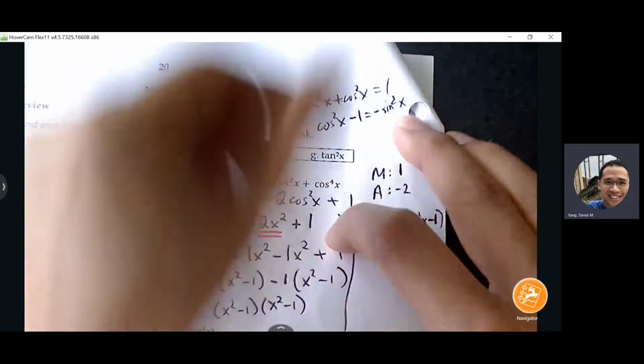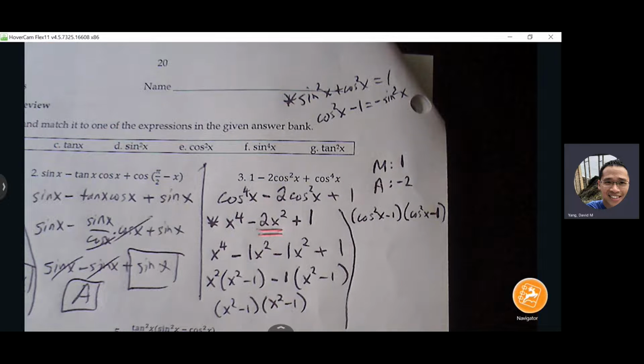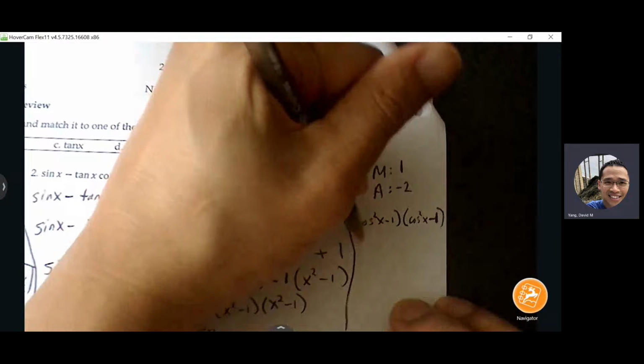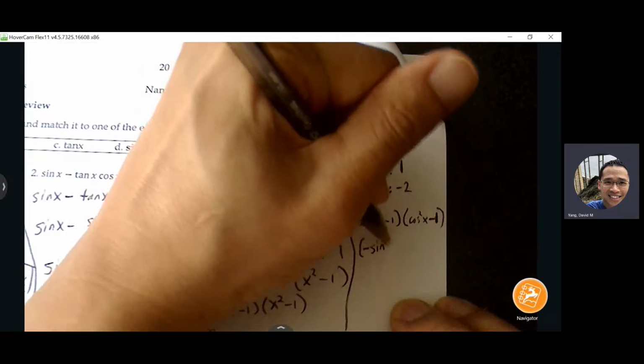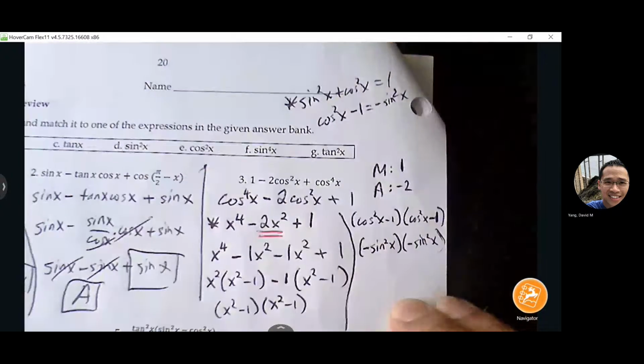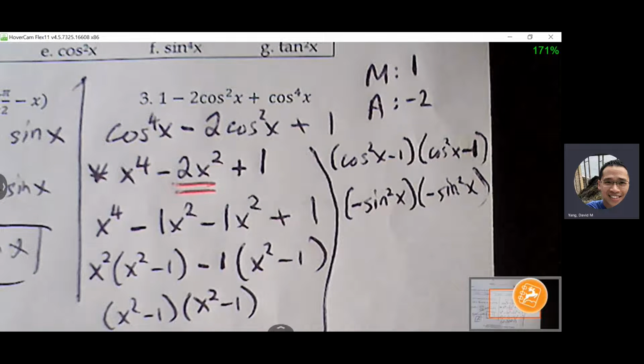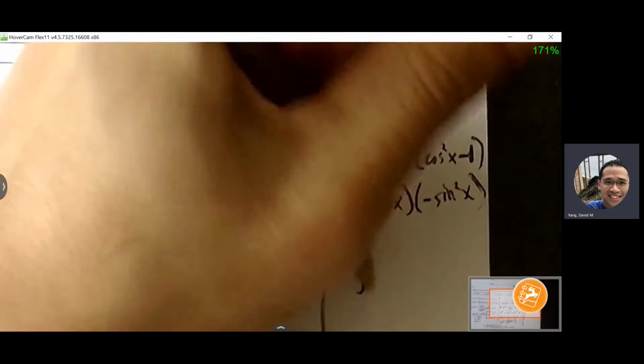I got to move that 1 from the right to the left, but I got to move that sine squared from the left to the right. That sign will become negative. So I'm left with negative sine squared x times negative sine squared x, because they're both cosine squared x minus 1, right? And then if I multiply the two, negative sine squared x, what do I get? Sine to the fourth. Yeah.